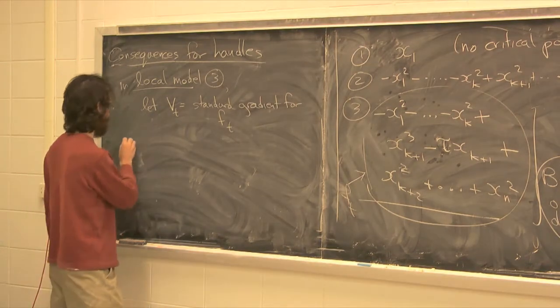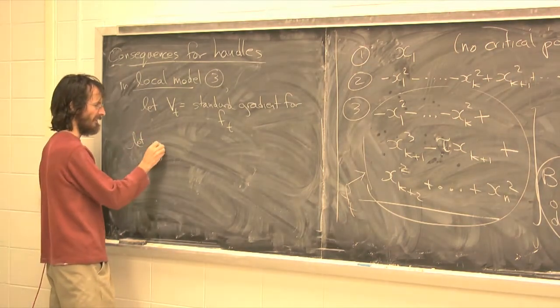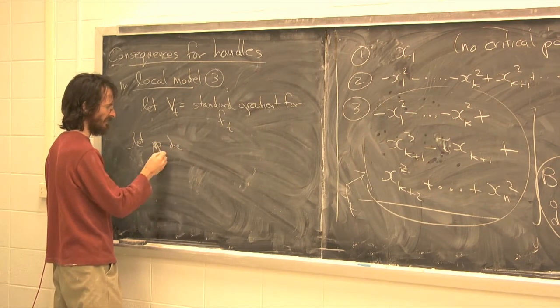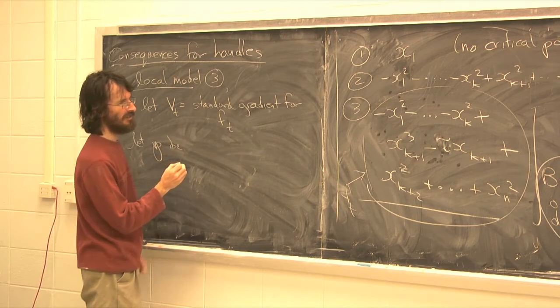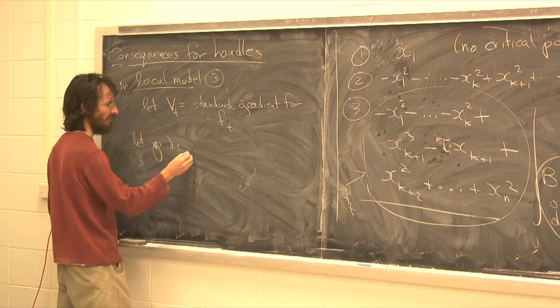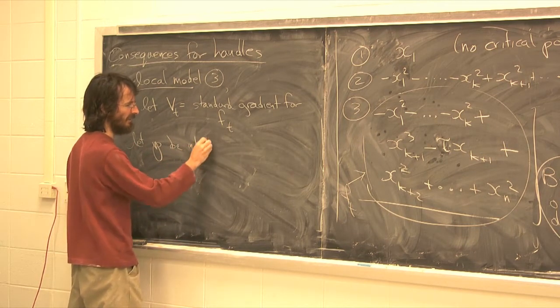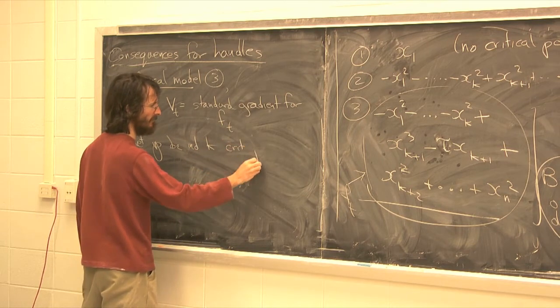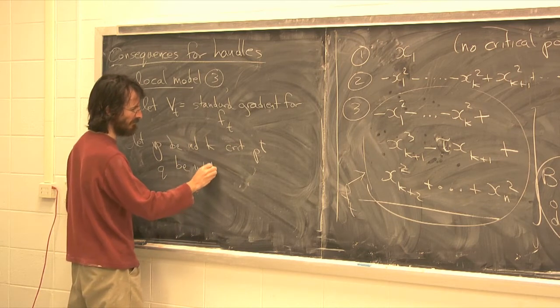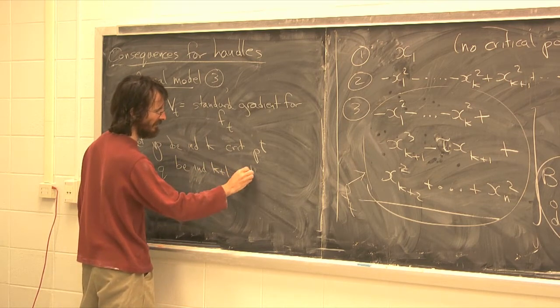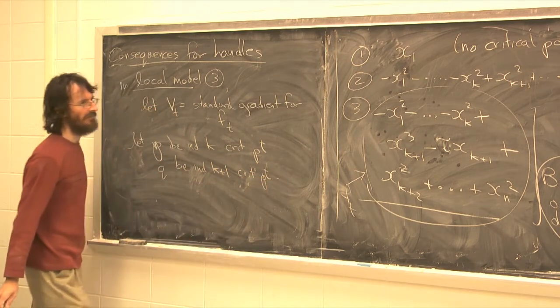So let's call our two new critical points, I'll just call it P. It's going to sort of move around the manifold, but be the index k critical point, and Q the index k plus 1 critical point. We've generated these two new critical points.